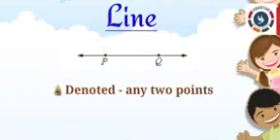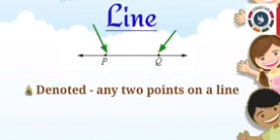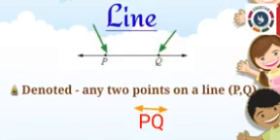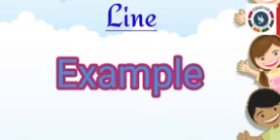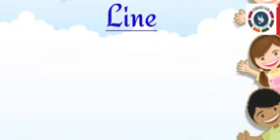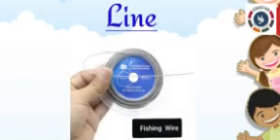Symbolically, this is expressed by an overbar with arrowheads at each end over 2 letters corresponding to points on the line. An example of a line is fishing wire.